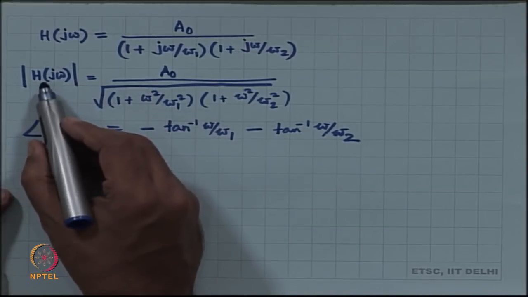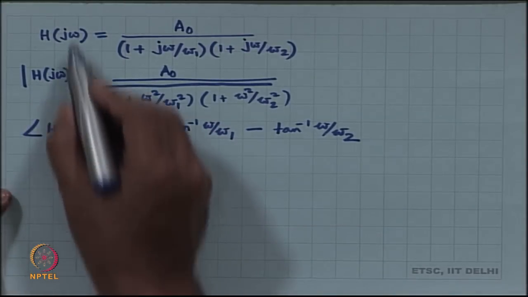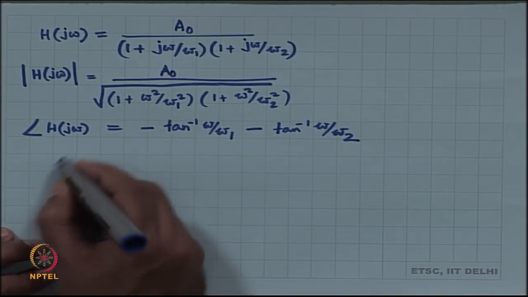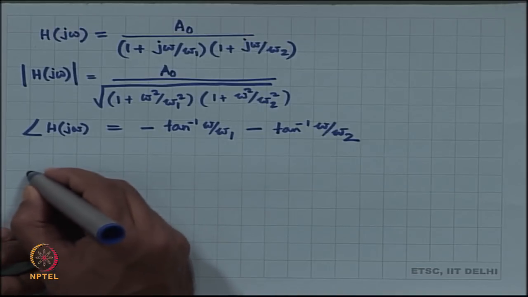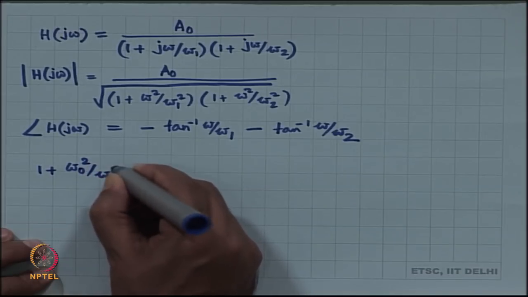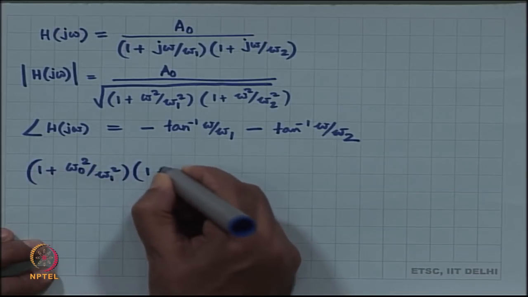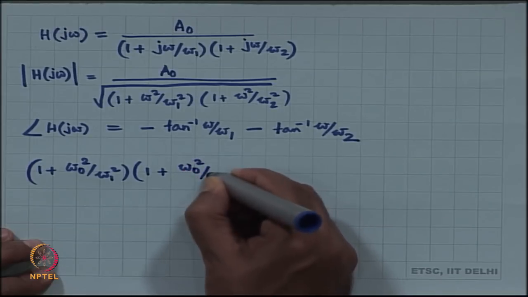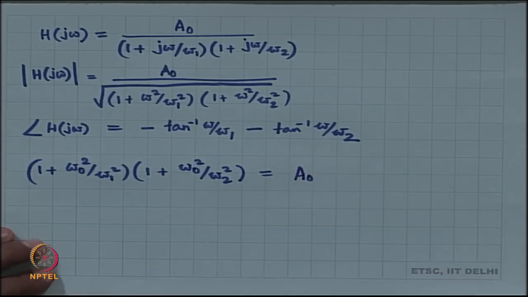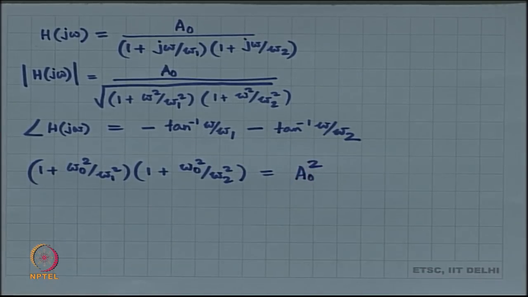Now, we are going to say that the modulus of h of j omega naught is equal to 1. Omega naught is such that modulo h of j omega naught is equal to 1, which means that if I plug in omega naught over here, then 1 plus omega naught squared by omega 1 squared times 1 plus omega naught squared by omega 2 squared is equal to a naught squared. Okay, this is one thing that we know.